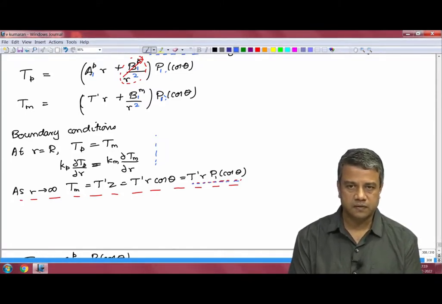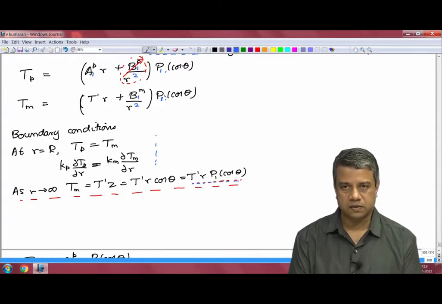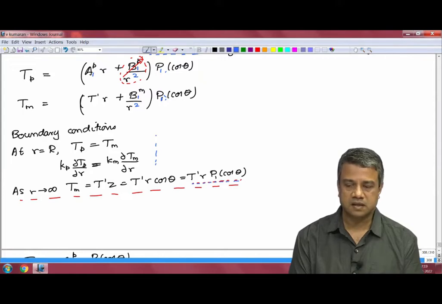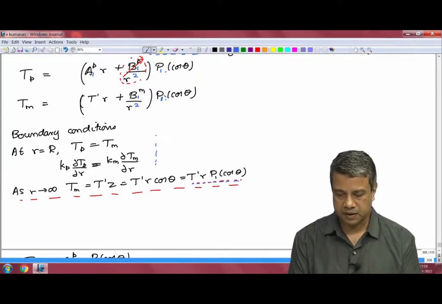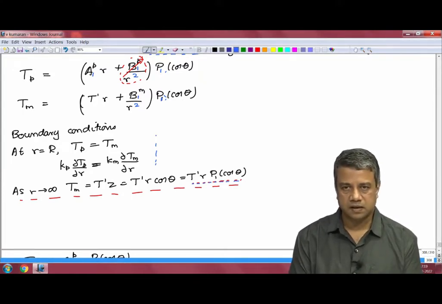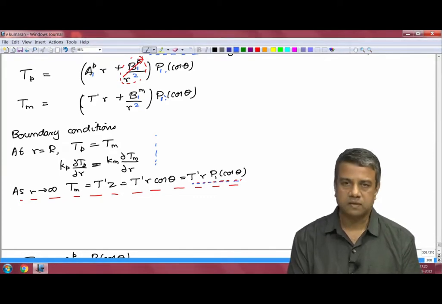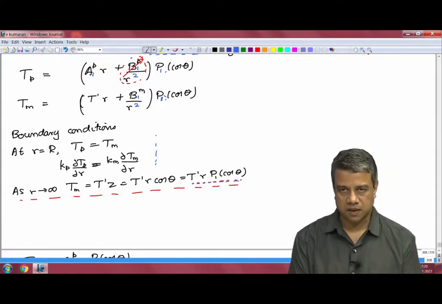The coefficients of all others are identically 0. And therefore, for all n not equal to 1, the boundary conditions at infinity, the boundary condition at r equal to capital R, and the equations are identically satisfied if the coefficients are all 0. So, the only non-zero coefficient is for n equal to 1.